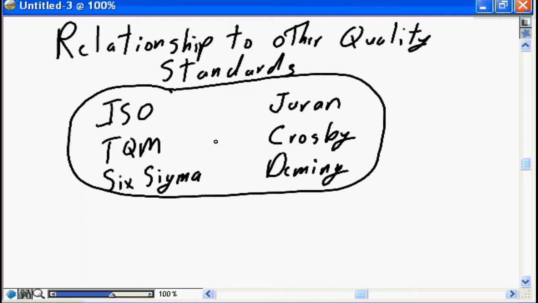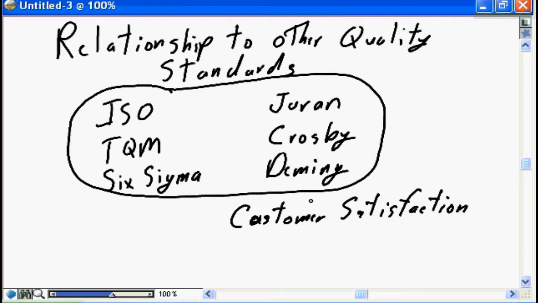The PMBOK guide's definition of quality is focused on customer satisfaction: ensuring that the product you deliver satisfies the business expectations, that the project you complete satisfies all of the requirements as defined by the customer, and that the customer is satisfied.